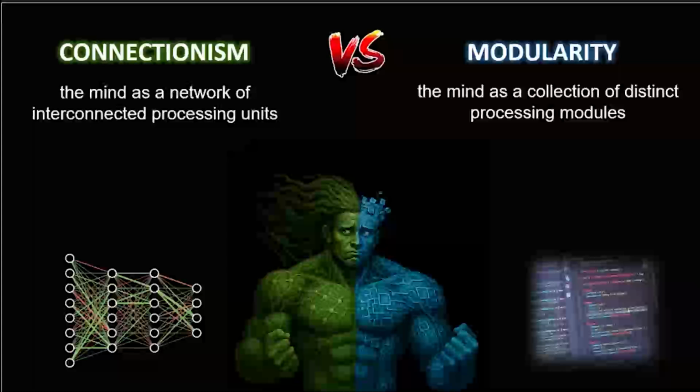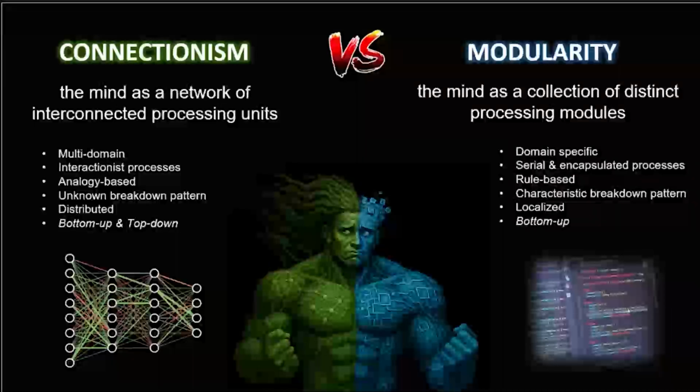behavior. Some of the aspects are that connectionism believes in very multi-domain interactionism. It believes that we use analogies and so on. And specific behaviors are distributed throughout the brain. There is no one region which does X and so on.